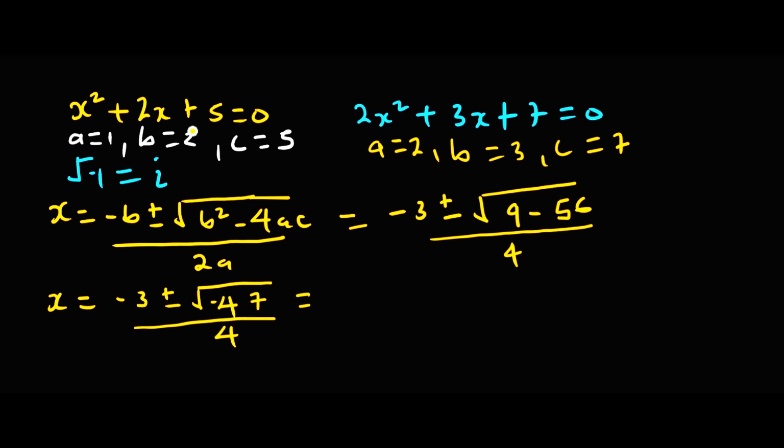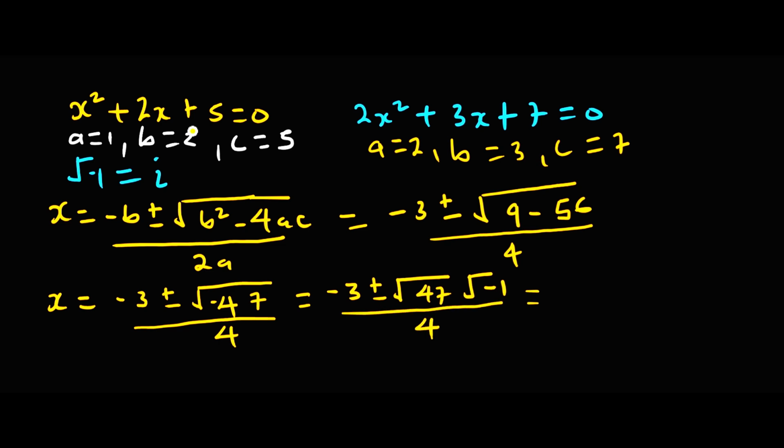So again, we can express the root of negative 47 as a product of two numbers, so that we have minus 3 plus or minus the root of 47 times the root of negative 1 all over 4.